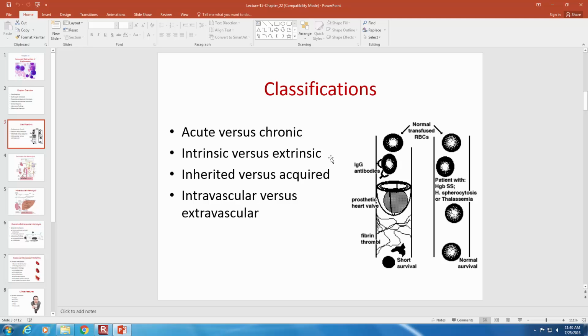On average, and I'm talking about average numbers, 90% of your red blood cells, when they become old, when they reach that turning point of 120 days, they have to be removed. You all know that. Where are they going to be removed? Primarily extravascularly in the spleen. You have your macrophages.